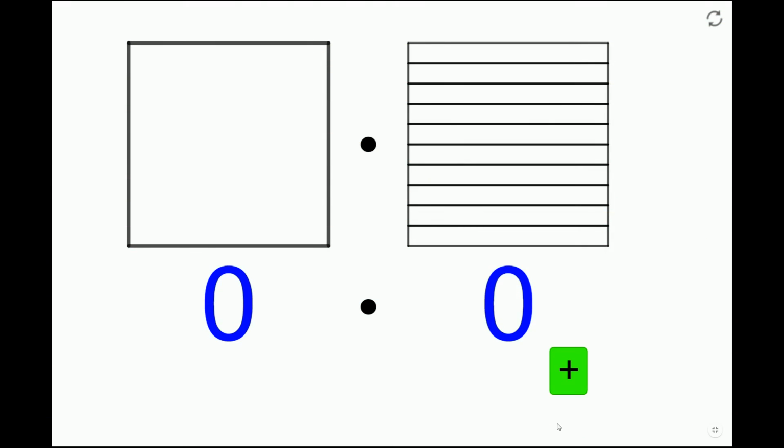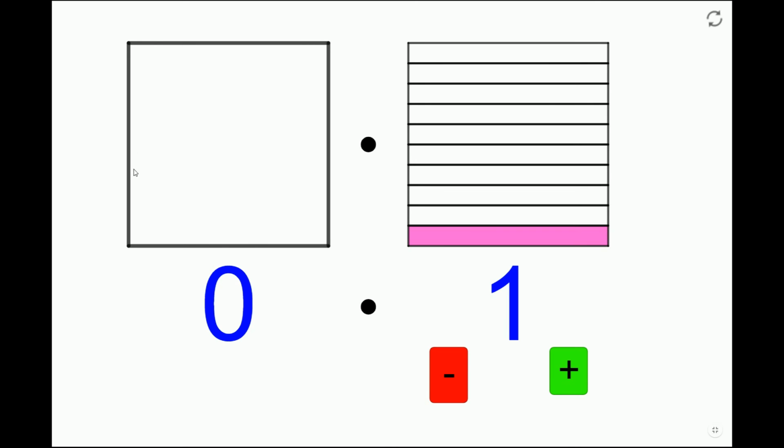To understand this concept of decimal numbers better, let's see visually figures representing the numbers from 0 till 1.9. So here I have 0 whole squares colored and 0 pieces colored. So they represent the number 0.0 or 0. Now if I color one piece out of 10, we obtain the decimal number 0.1.